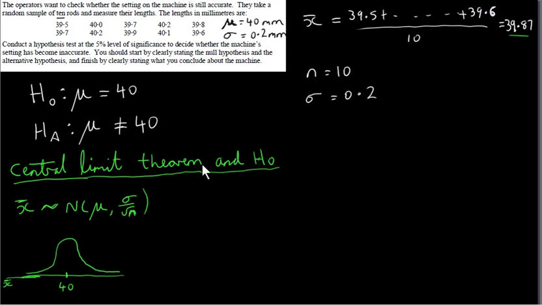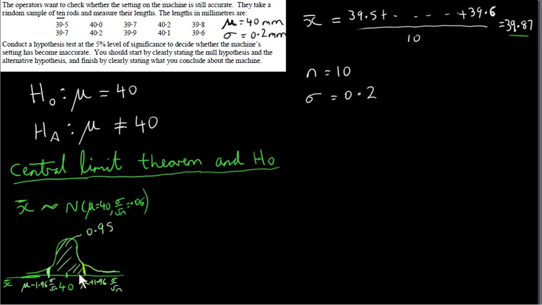More accurately, by the central limit theorem and the null hypothesis. We're assuming that the null hypothesis is true. This is the distribution that we have. So I can replace mu with 40, and I can also calculate sigma over root n. Sigma over root n is 0.2 divided by the square root of 10, which is 0.06.